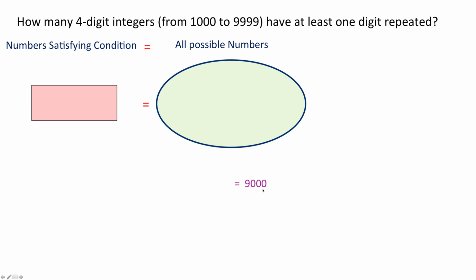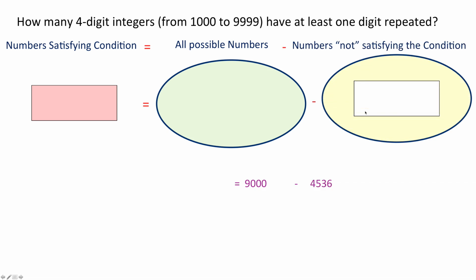Then we changed our perspective to find all the numbers which are not satisfying the condition, which were 4536. So our objective is obtained by subtracting the numbers which are not satisfying the condition from all possible numbers. So from 9000, if you subtract 4536, you'll be left with 4464, which is the number of numbers in this range which are satisfying the condition.